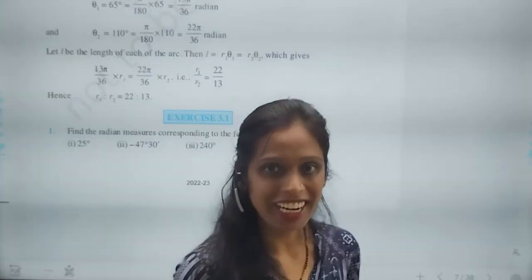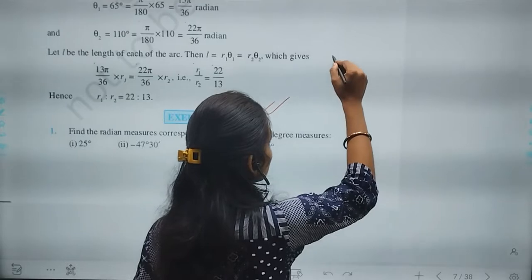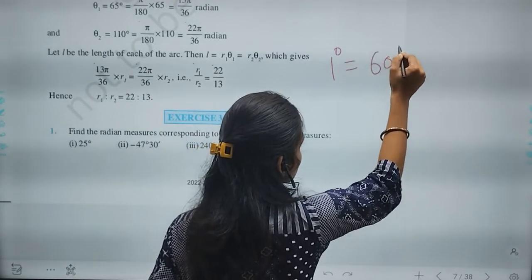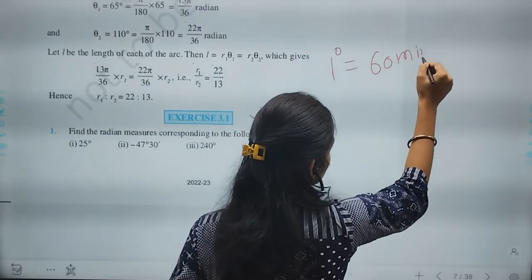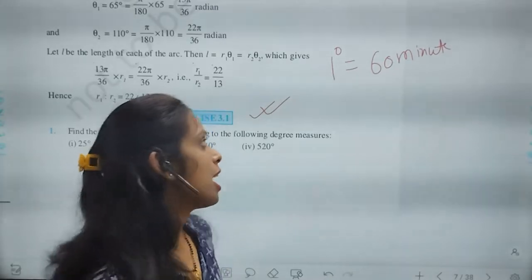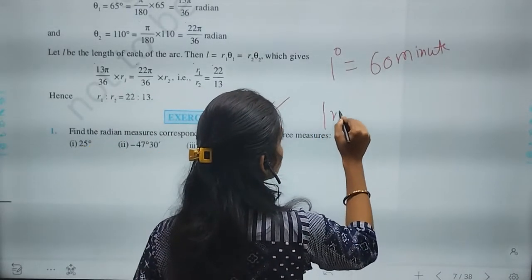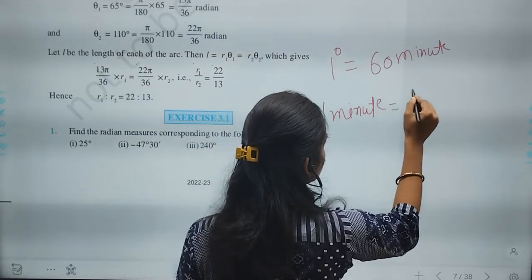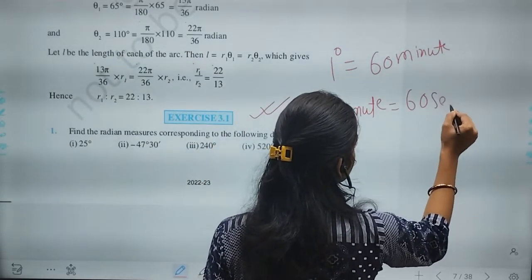One thing I want to add here: you know very well that 1 degree is equal to 60 minutes. Please keep it in your mind. And 1 minute is equal to 60 seconds.